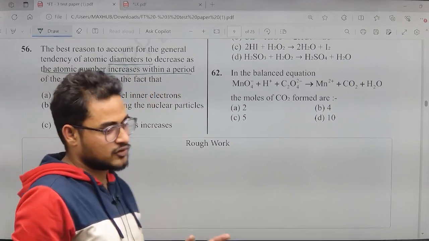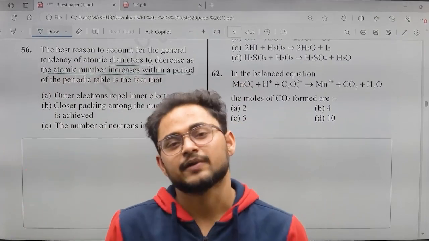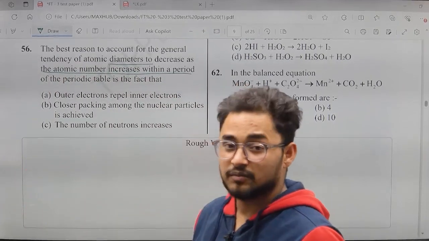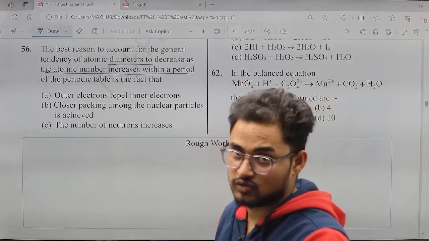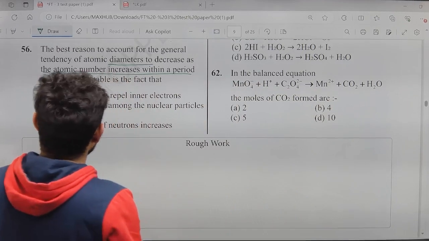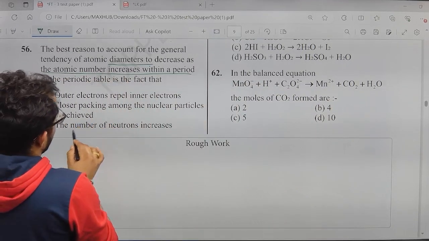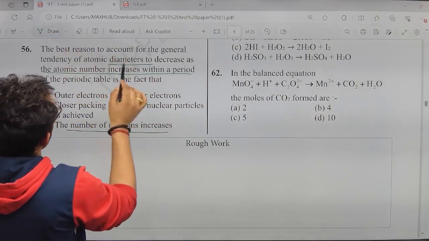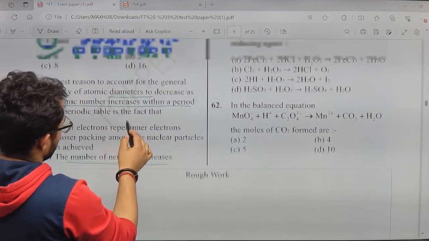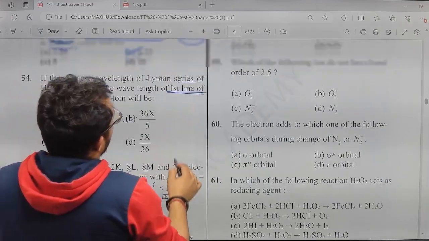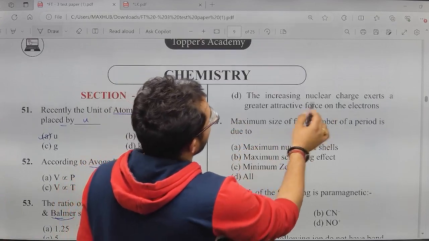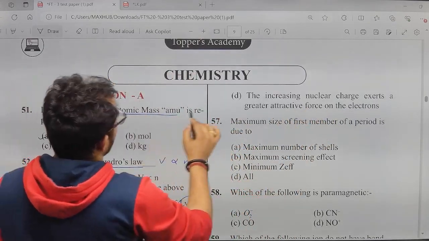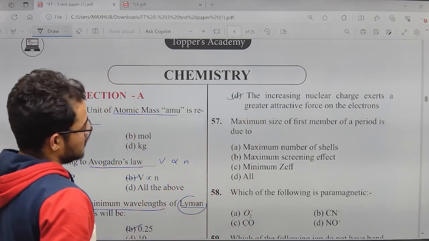In a period, as you move from left to right, size decreases because the shell is the same, but the Z effective is going to increase because the number of protons in the nucleus is going to increase. Outer electrons repel, no. Closer packing, no. The number of neutrons increases, yes, but it does not matter. The increasing nuclear attraction force, yes, nuclear Z effective is going to increase.